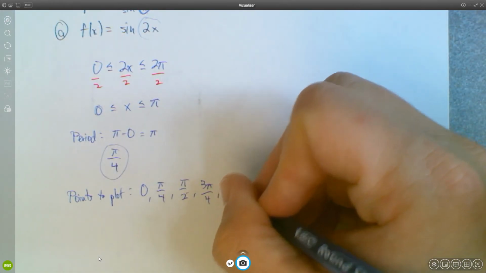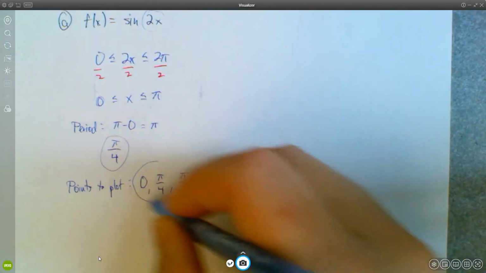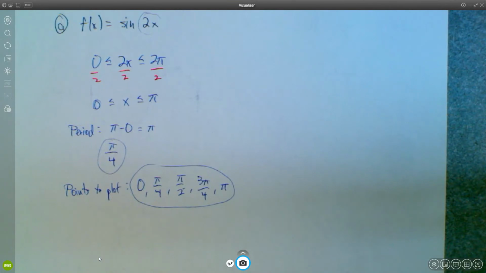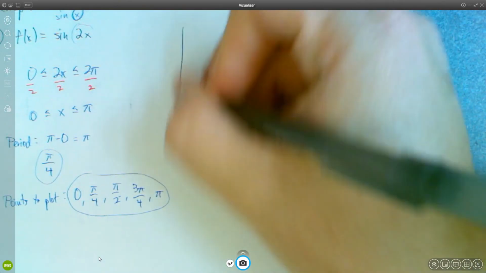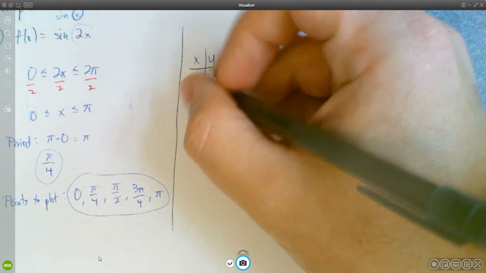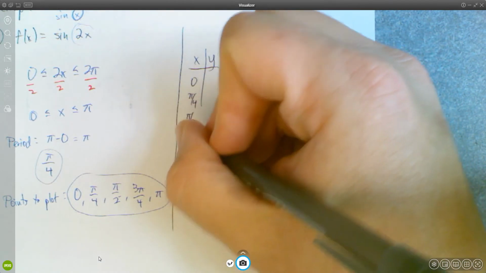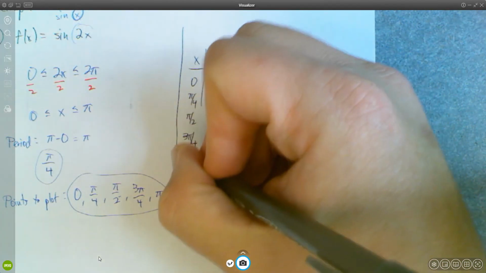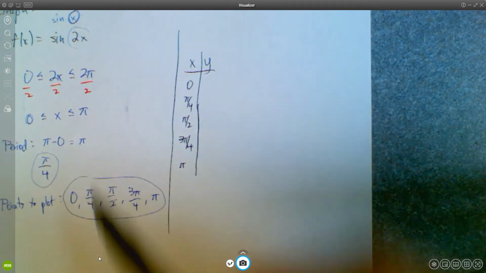That's 4 pi over 4, or just pi. So those are the points that I want to plot. So what I'm going to do is make a table of values now with those points. Okay, that'll give me one period of the graph.